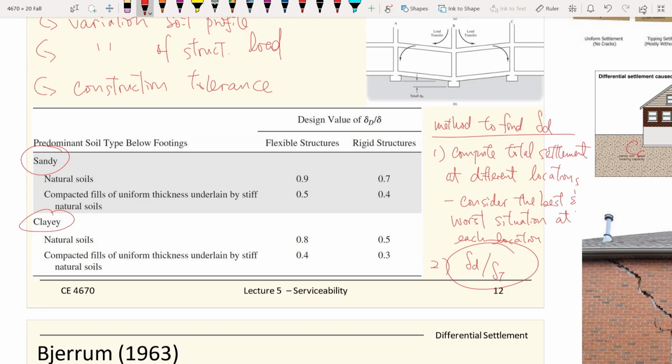If you have sand and the structure is flexible, then your differential settlement is more forgiving. For a rigid structure, the tolerance for differential settlements will be much less. You apply this for both sand and clay soil.